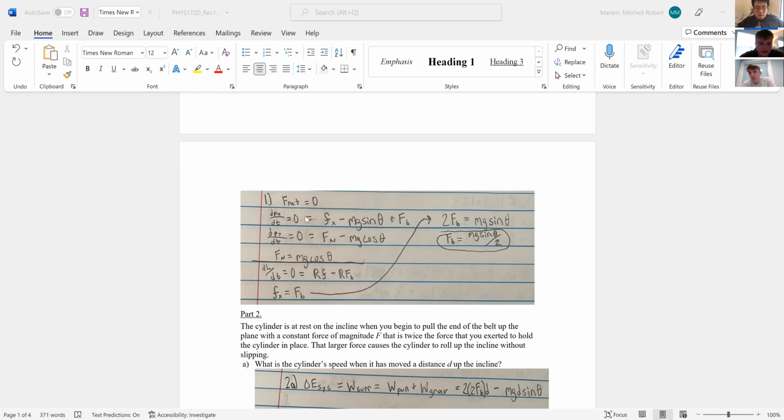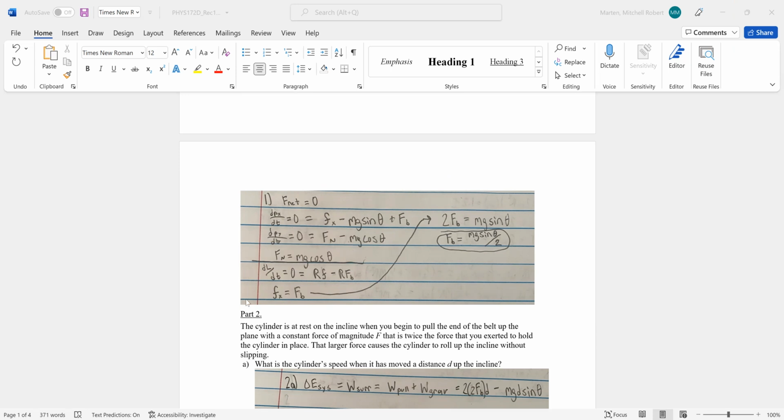So looking at it in the x direction, we could say that the friction force in x minus mg sine theta plus the force of this belt is equal to 0. And looking at the y direction, the normal force minus mg cosine theta is also equal to 0. But this tells us that the normal force is equal to mg cosine theta.